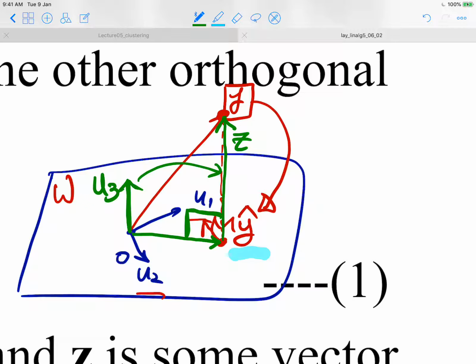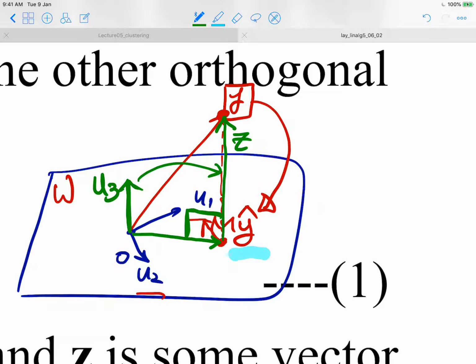How can we compute their linear combination coefficients? By the fact that these three vectors are orthogonal to each other, we can obtain the linear combination coefficients completely separately, one by one, right?